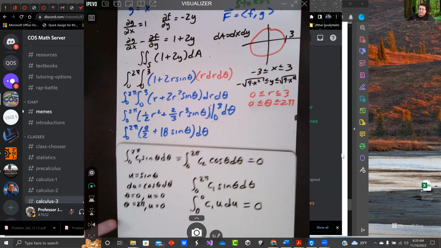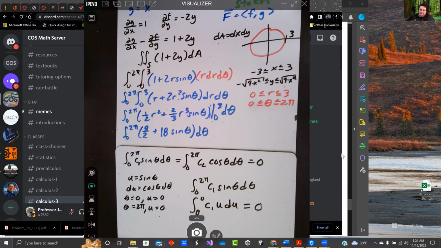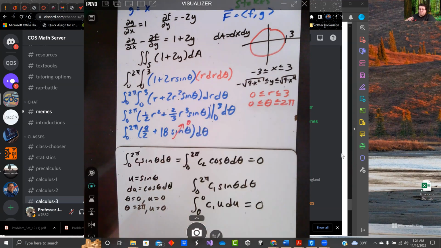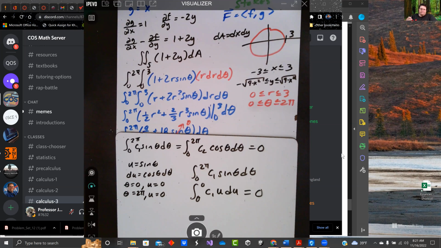So when you see 0 to 2 pi with sine theta or cosine theta, this part is going to go to 0. Does that follow? That makes sense. Now, the only reason I showed the u-sub was to present an argument that you could see worked out. Pi is also 1, so 1 minus 1.